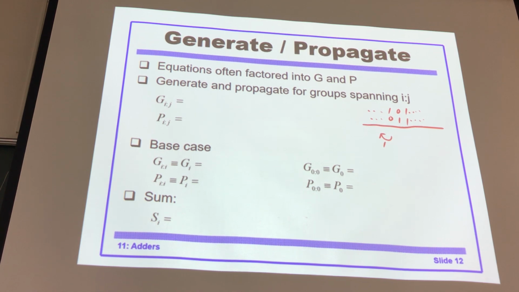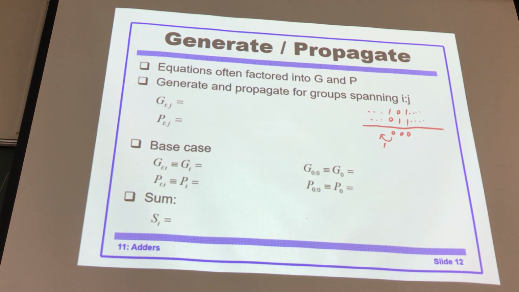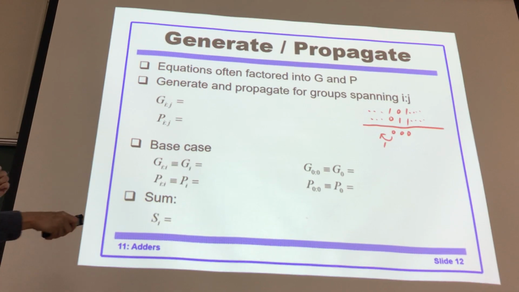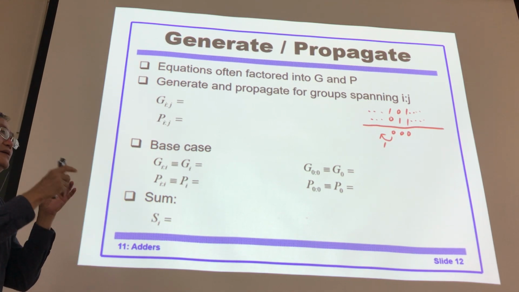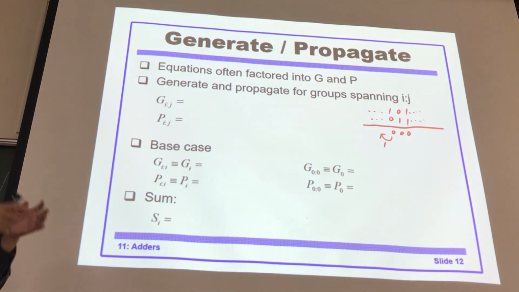Because even if we don't take into account the carry in by itself, you get carry out 1, alright? If this group of bit position does not need the carry in to help, just by itself, you can generate the carry out. We call that good carry generate from bit position I to bit position J.